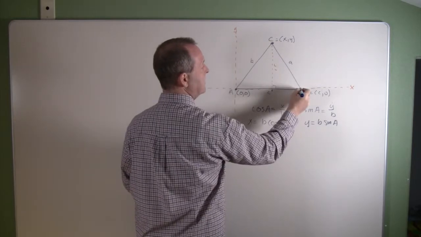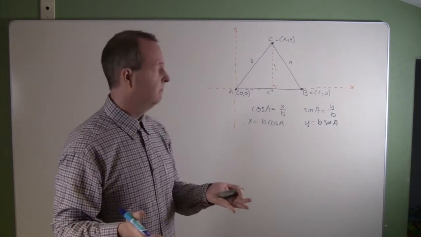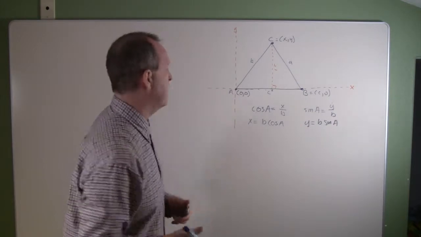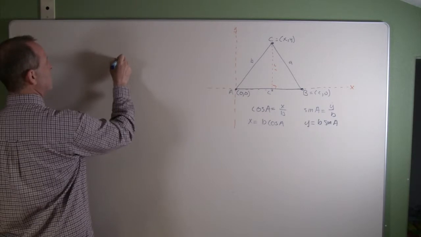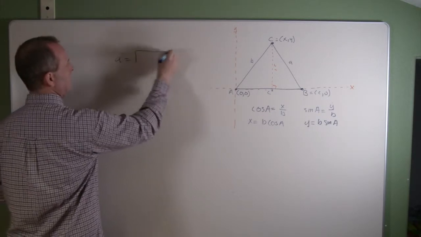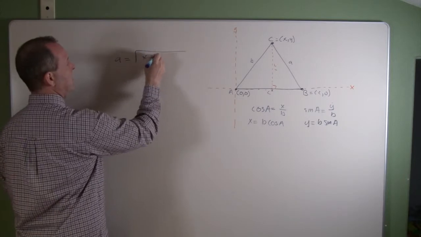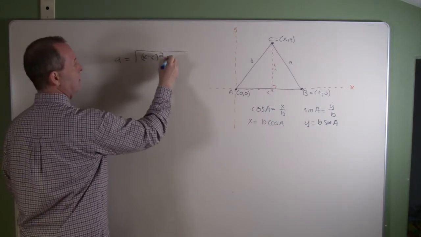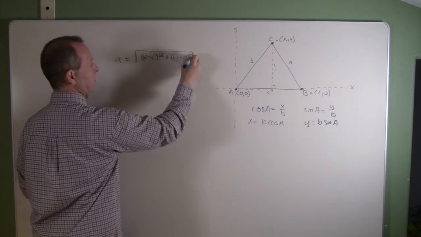I want to find the distance between those two points, and I have to remember what the distance formula was. Distance formula: one point minus the other point, (x minus c) squared, plus the other point, in this case, (y minus 0) squared.